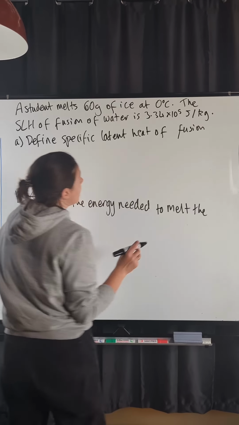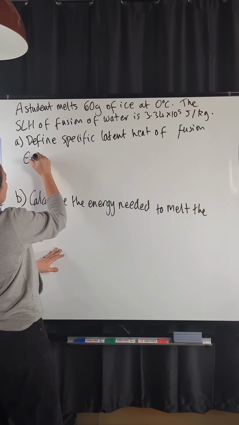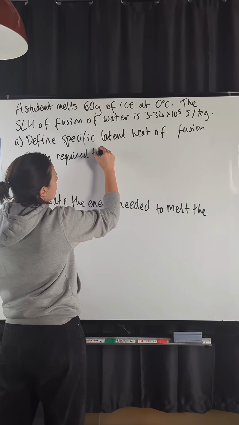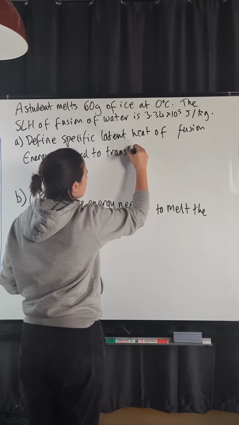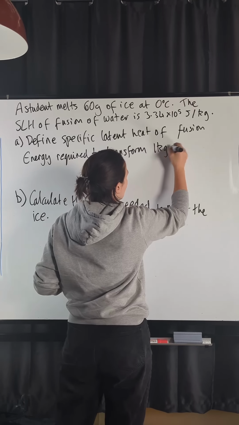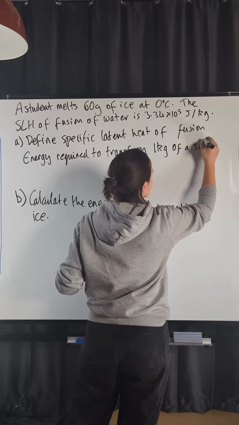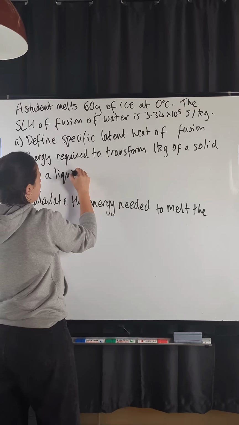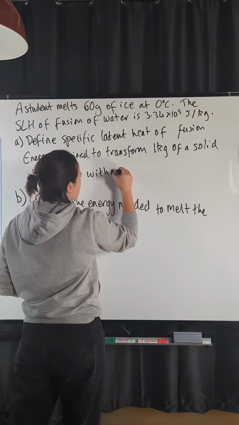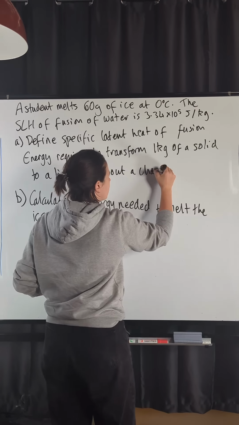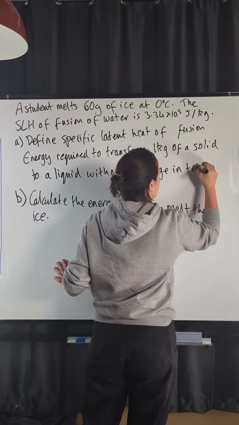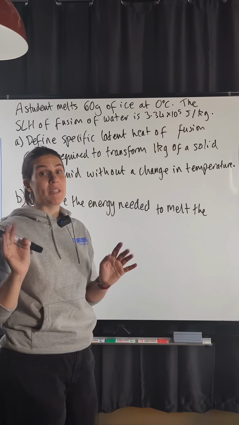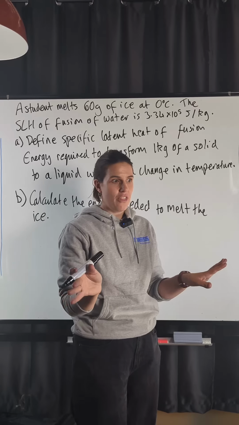So the specific latent heat of fusion is the energy required to transform 1 kilogram of a solid to a liquid without a change in temperature, because changing temperature is specific heat capacity, remember, different things.